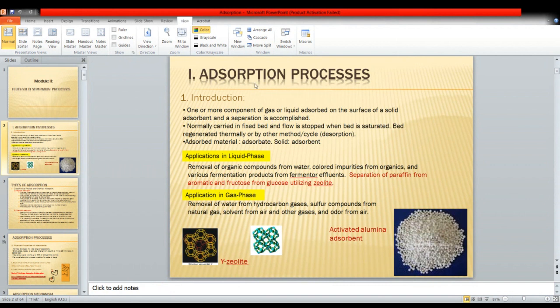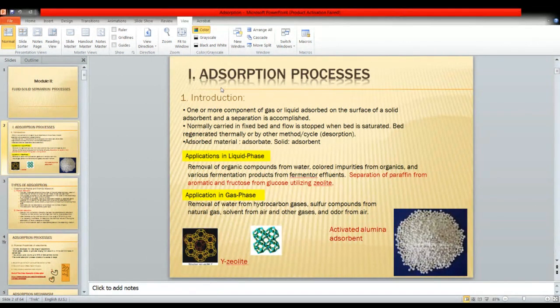So what is the difference? Absorption means something is completely mixed. If you are separating ammonia from air, ammonia is a gas and it is completely soluble in water. So if you spray water on it, what happens? Air is not soluble in water, but ammonia is soluble.